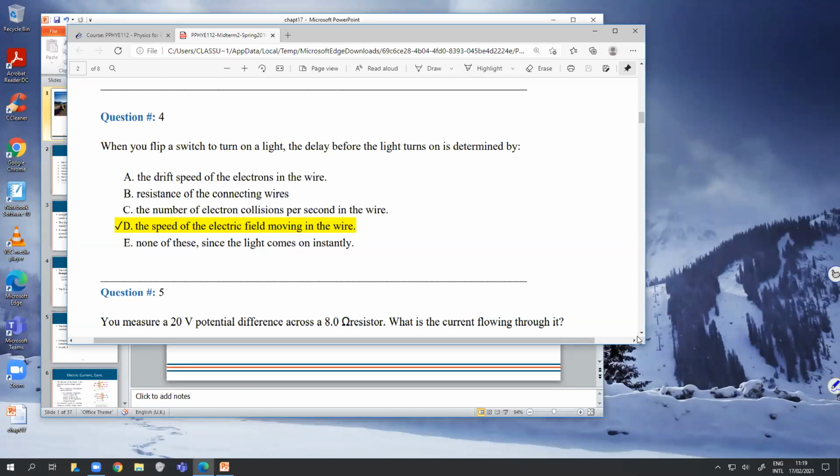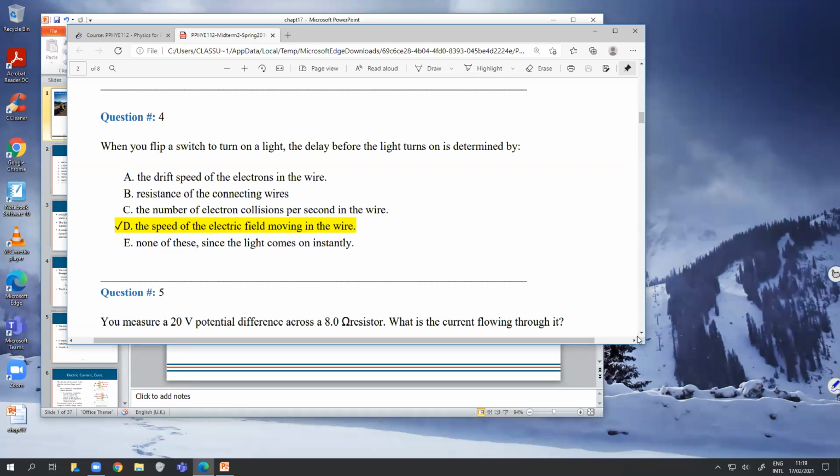Then it is going to take a long time for the bulb to light up, because the drift speed is the speed with which the electron is going to move around, and it is very small, and you are not going to expect the light to come on the moment you put the switch on. So why it doesn't happen but it happens instantly?